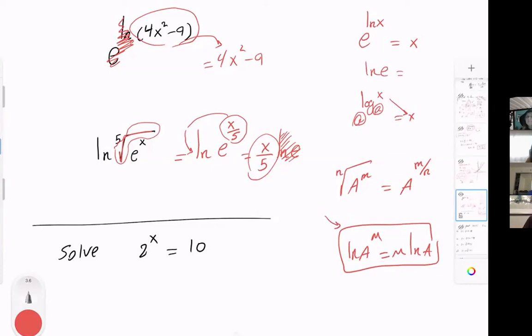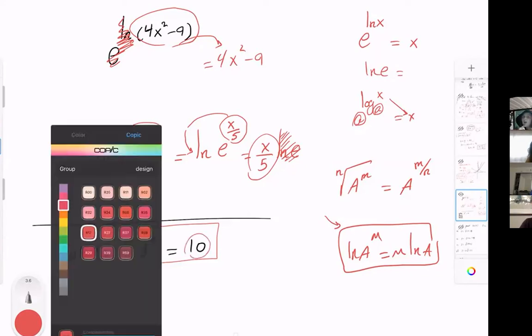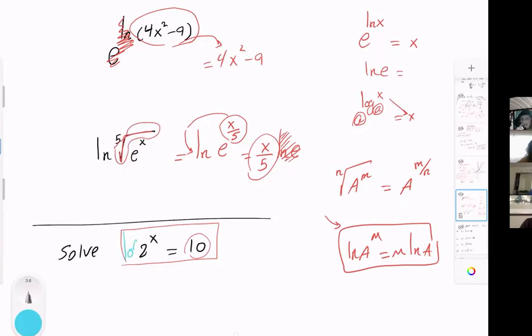Solve 2 to the power of x equal to 10. It's an exponent equation, correct? How do we solve it? We try to make them the same base, but we cannot make 10 to the base 2. So we have to take log or natural log. Because we don't have an e, we take the log of both sides. Then x goes in front of the log: x log of 2 equal to log of 10.